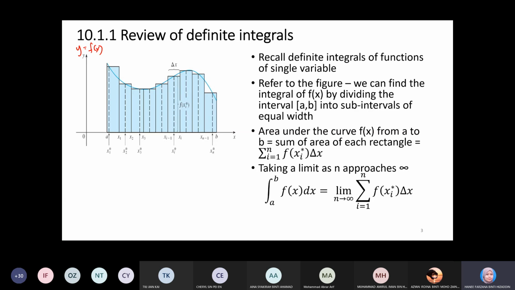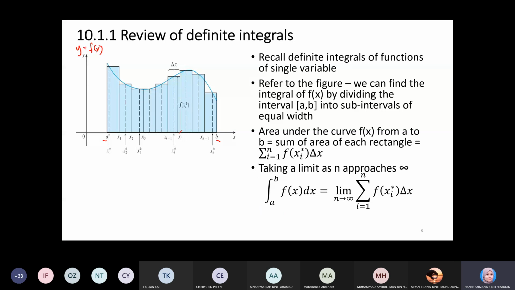So this is a single variable. If you integrate f(x) with respect to x from the interval a to b, you would expect to find the area under the curve. If you integrate analytically from a to b, you'll get the area.